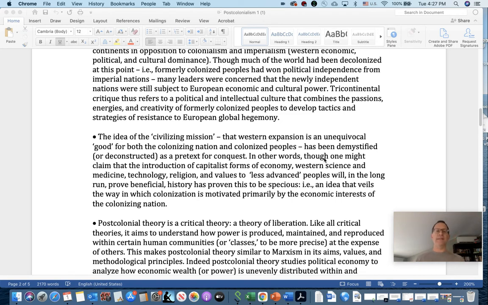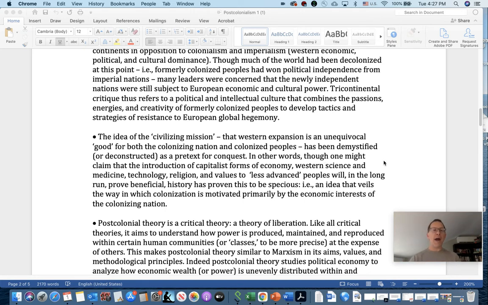So the idea of the civilizing mission, that Western expansion is an unequivocal good for both the colonizing nation and colonized peoples, has been demystified or deconstructed as a pretext or an excuse or a rationale for conquest.